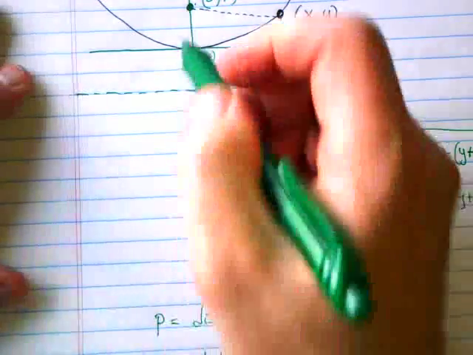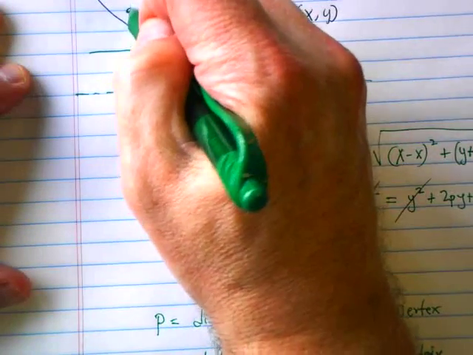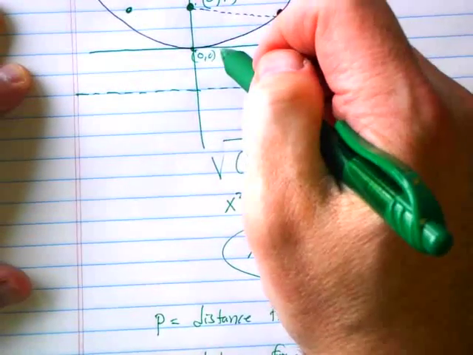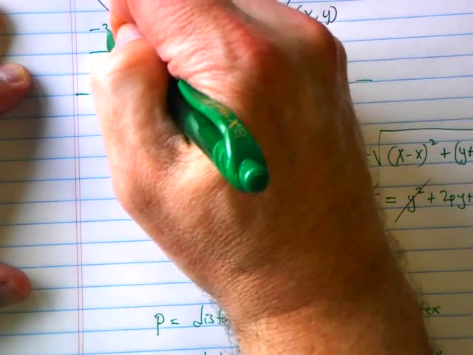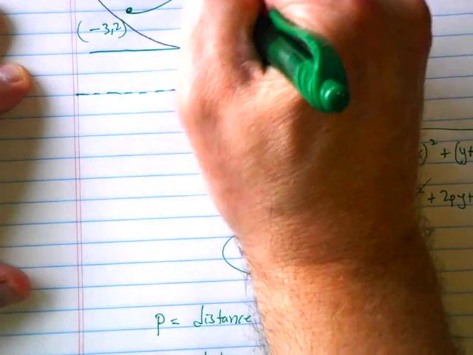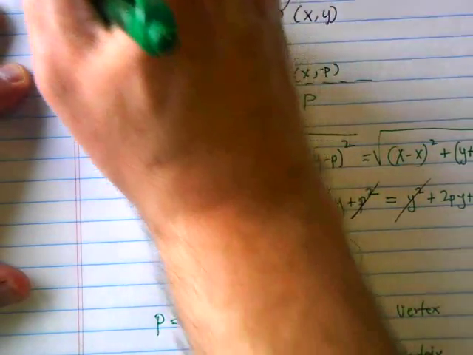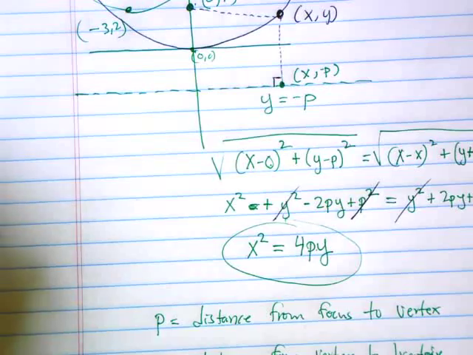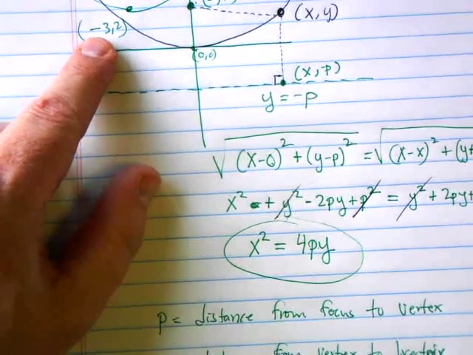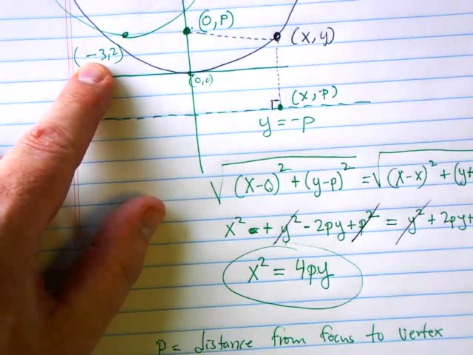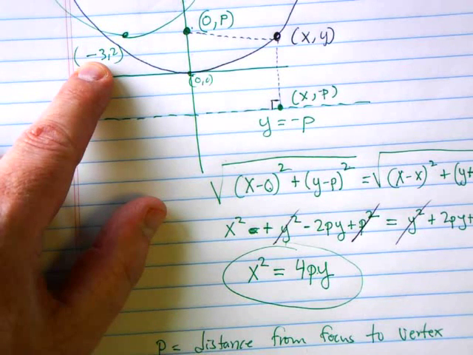What if I want to move my vertex over to here, to be the point (-3, 2), and have the exact same parabola? How does that change the equation? How does the -3 change things? It's not going to change the 4.